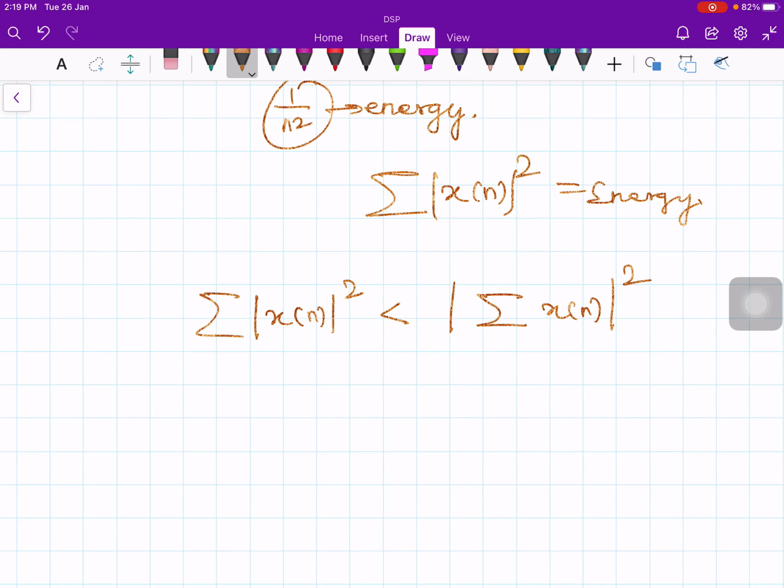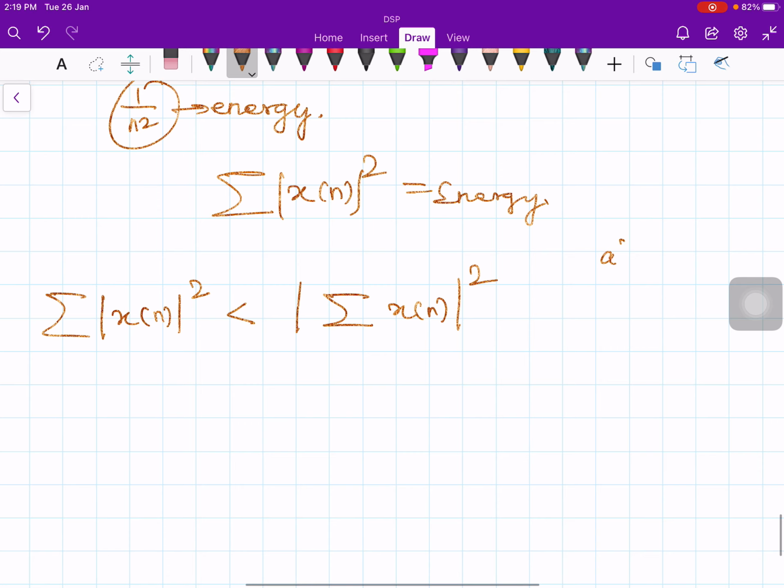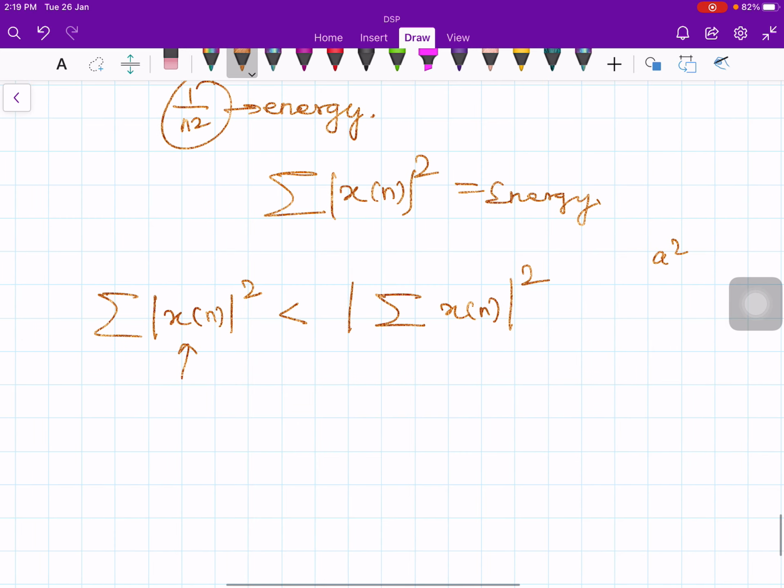Because a plus b the whole square is a square, this one is x of 0 squared plus x of 1 squared plus x of 2 squared and so on.